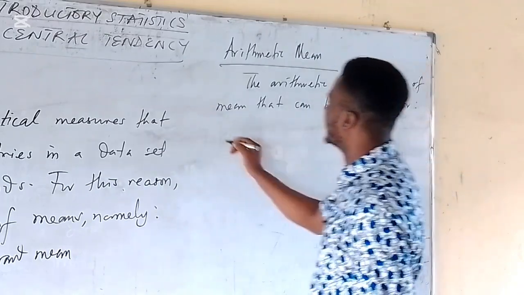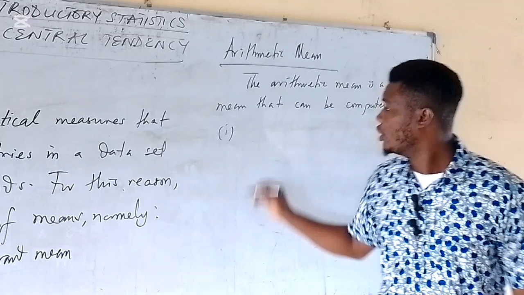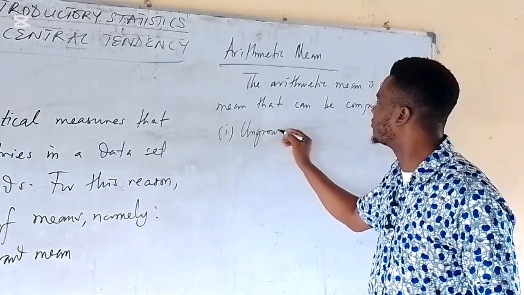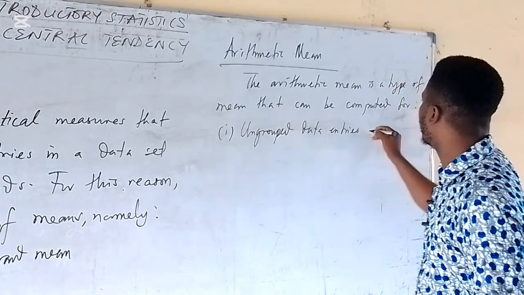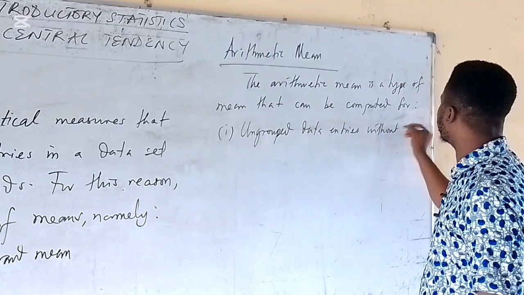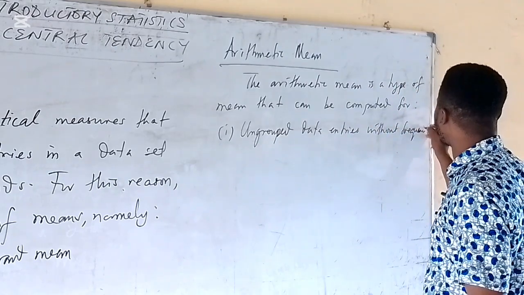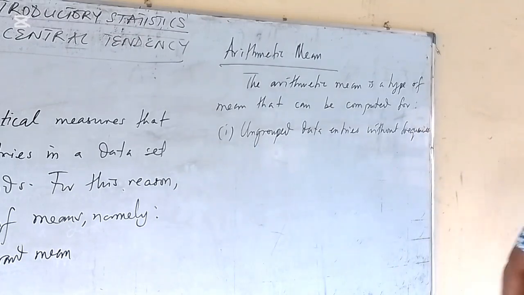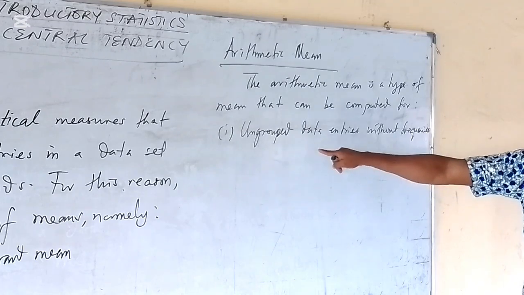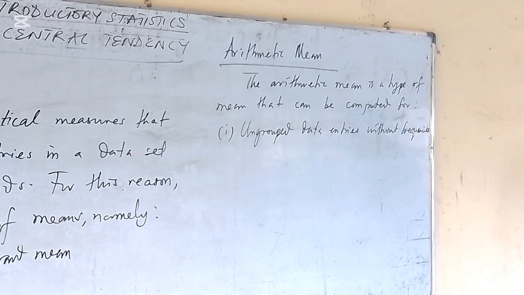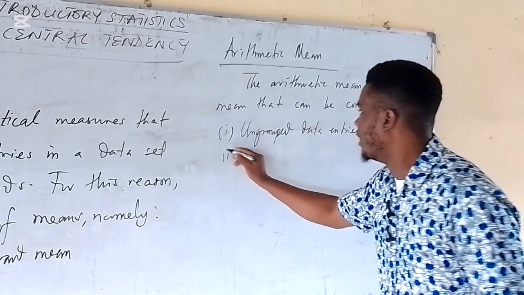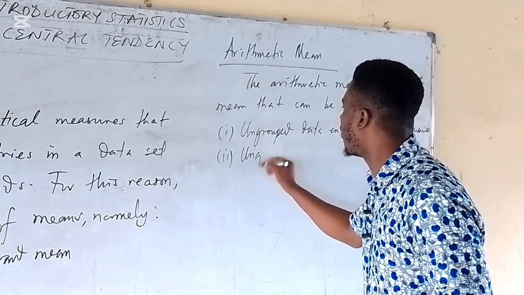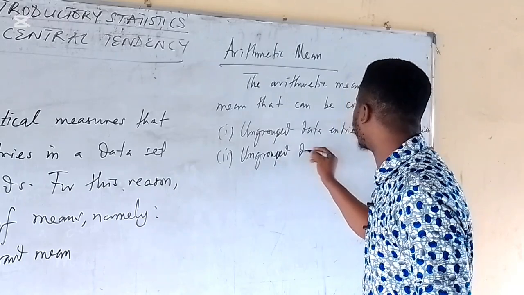For case one, ungrouped data entries without frequencies. There are three cases we are going to consider now. If you want to compute the arithmetic mean, know that it can be computed for a data set that contains data entries without frequency. Is it clear?